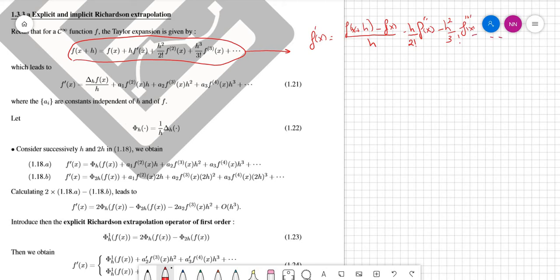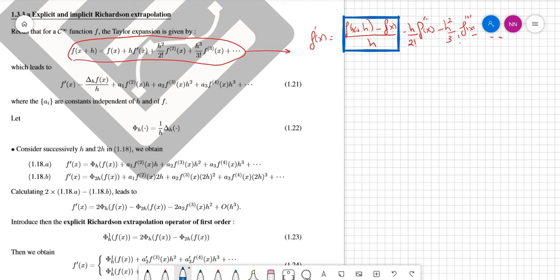minus etc. Okay, so we have this form, and in this form the term f of x plus h minus f of x over h is, and listen exactly to what I'm saying, the explicit approximation of the derivative of f at the point x with a step size equal to h.